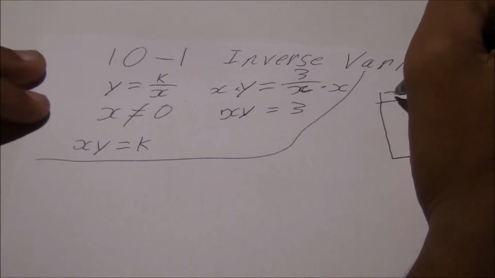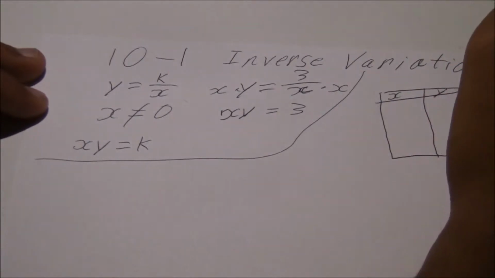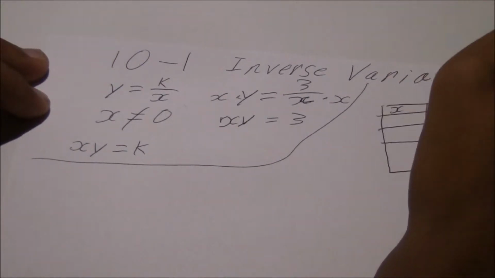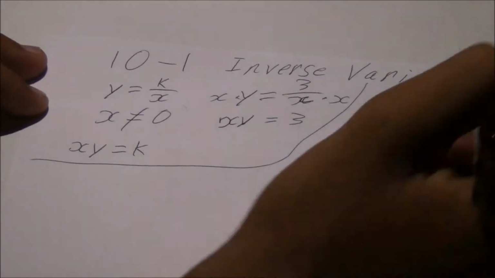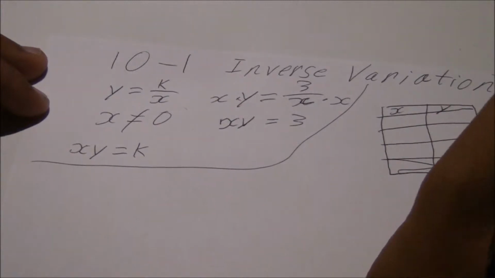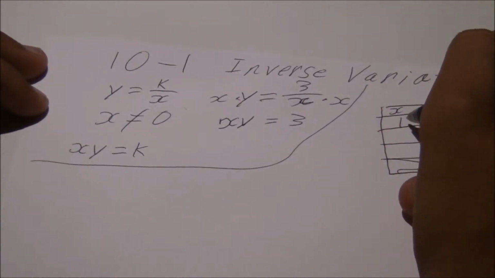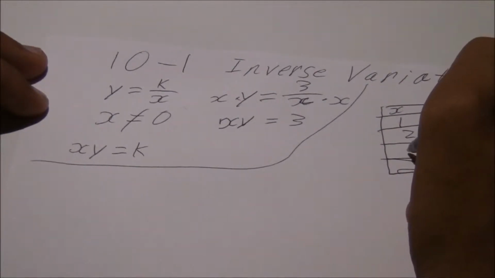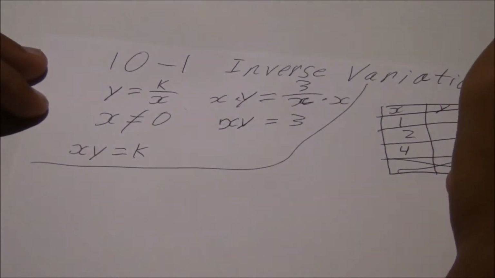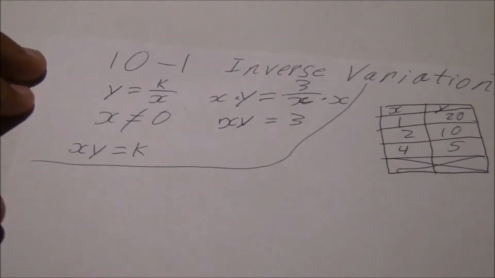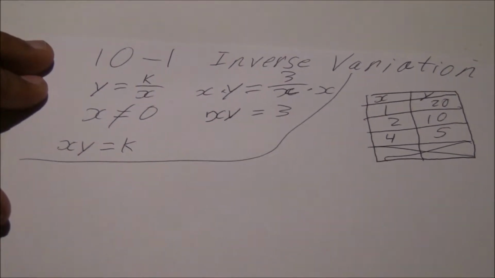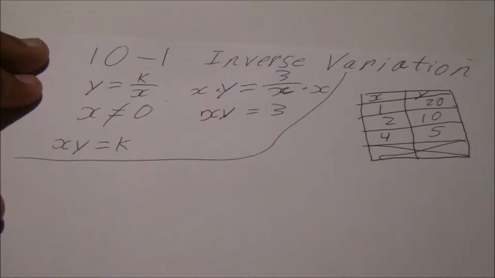This is x, this is y, and there are 3 boxes, and you get 1, 2, 4, and 20, 10, 5. So how do you find out whether this is an inverse variation or not? One way you can do it is to write a function rule.